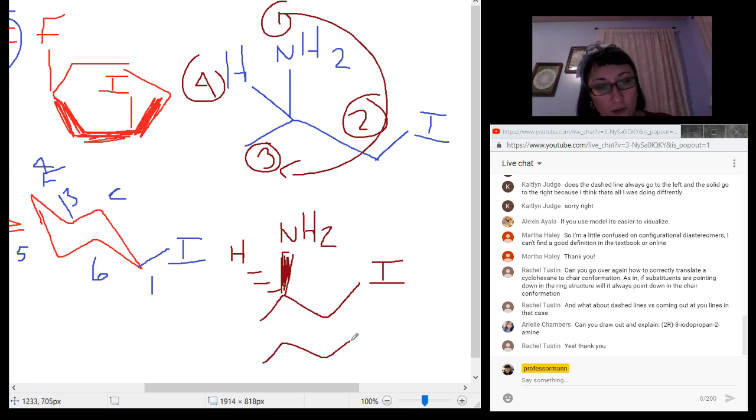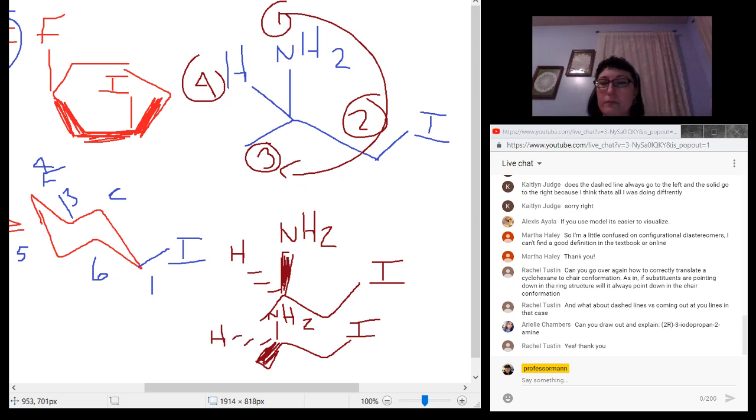Alternatively, I could have done it like this, where I have my NH2 there and a bold line and a hydrogen. You could have had the iodine coming out. There were a couple of different ways you could draw that, but let me know if that doesn't make sense.